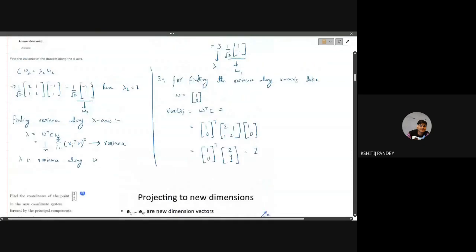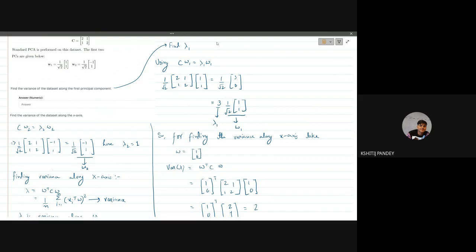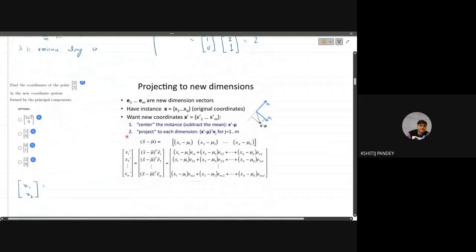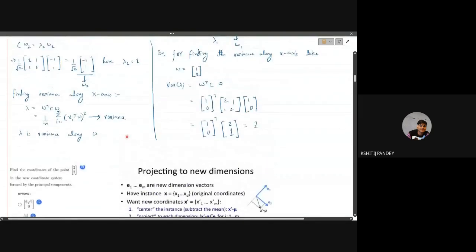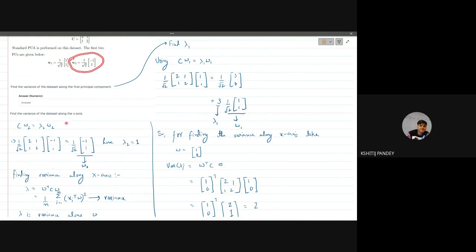Now this W1 becomes your x coordinate, and W2 becomes your y coordinate, correct? So we will take the dot product of W1 with the data point to get the x coordinate in the new coordinate system, and to get the y coordinate of the data point in the new coordinate system, we will take the dot product of W2 with the data point.